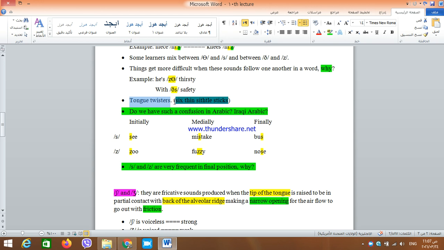So an example like "six thin scythe sticks". Look, se, ke, se, the, se, te. So these consonants, which are somehow in sequence in this phrase, cause difficulty. They are not easy to pronounce. It's just like the Arabic example.